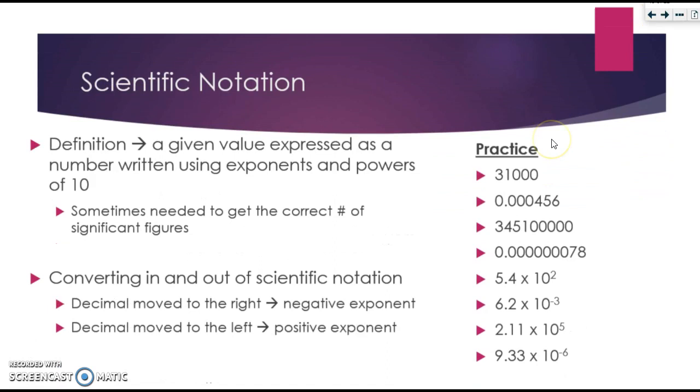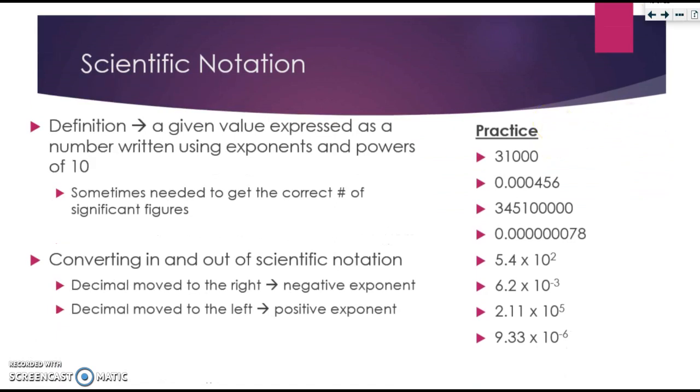Scientific notation is defined as a given value expressed as a number written using exponents and powers of 10. And like you saw on the previous slide, sometimes it's necessary to get the correct number of significant figures. This should not be a new concept for you, but we are going to review it.